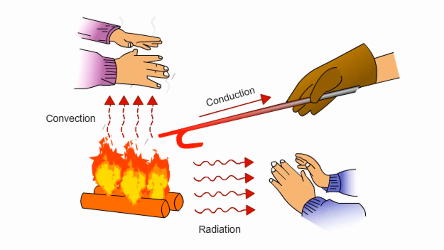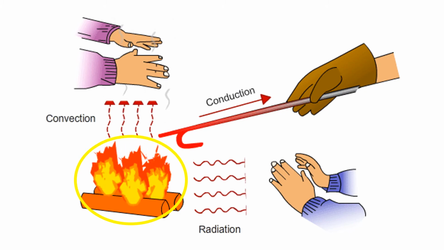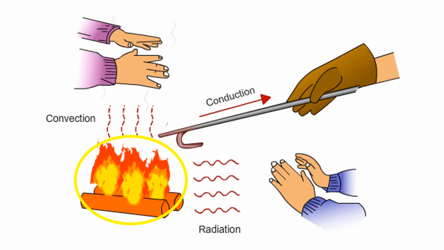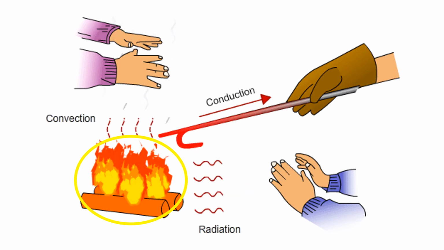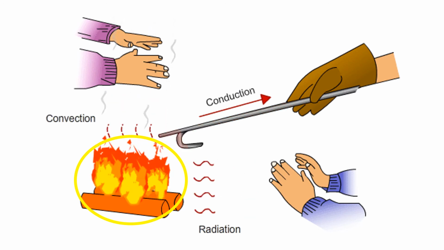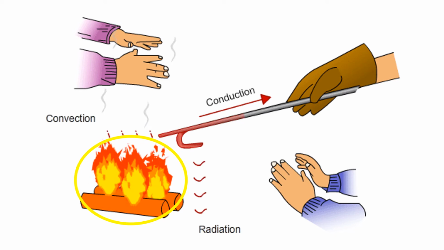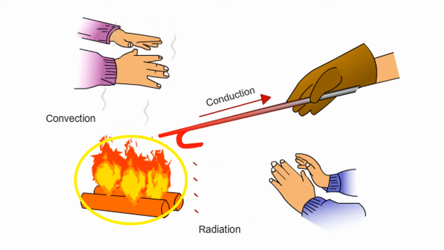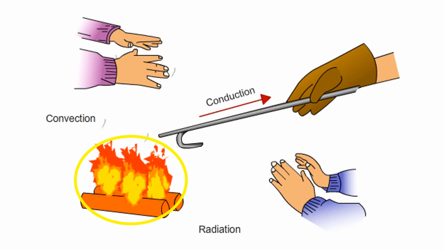Let's take this. Okay, the source of energy in this slide is fire. Wood burns to produce heat energy. So it's a chemical energy that changes into heat energy. The fire is the object or the place with the highest heat energy in this picture.